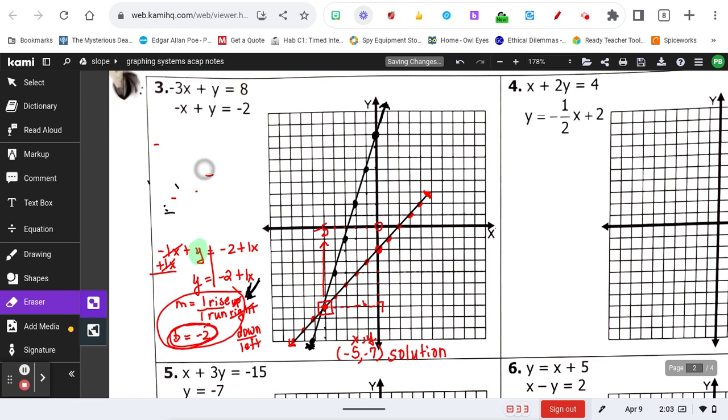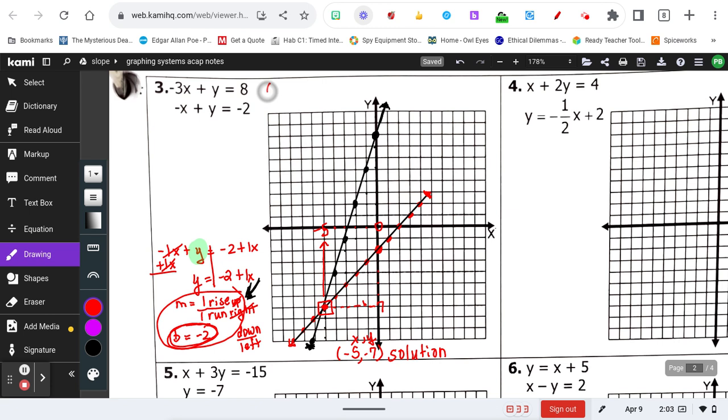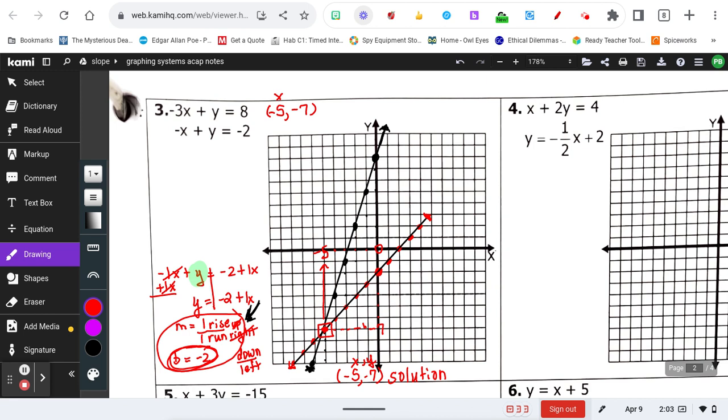Bear with me. Okay, so I'm going to take the solution -5, -7. That was an x, and this one was a y. So I'm going to take the equations and plug in. I'll do that one first.